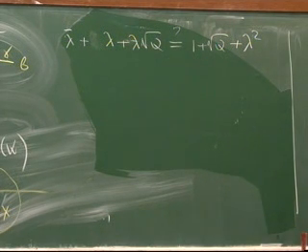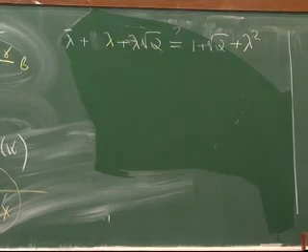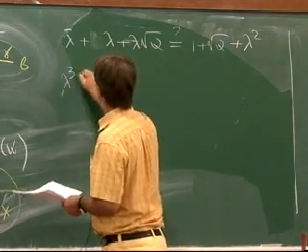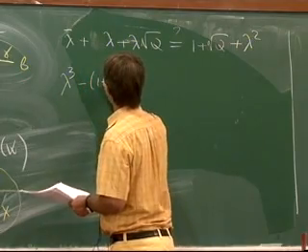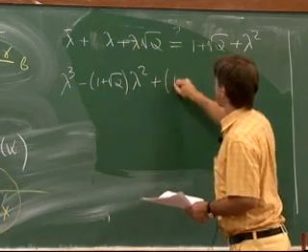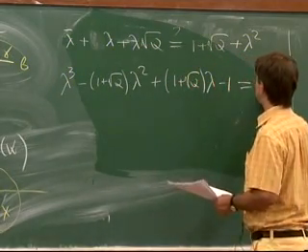And that we can rewrite, well, I don't know what's a good thing to do. We can multiply by lambda, for example, to get rid of lambda bar. So we can rewrite it as lambda cubed minus 1 plus square root of q lambda squared plus 1 plus square root of q lambda minus 1 equal to 0.